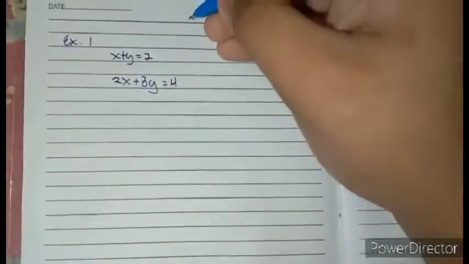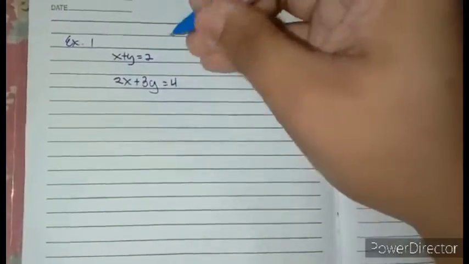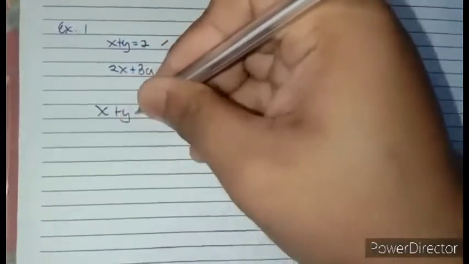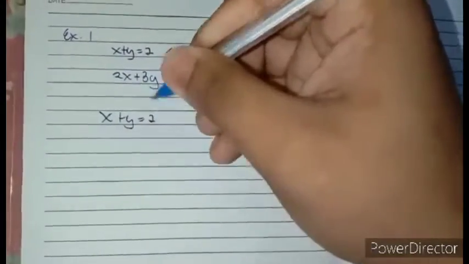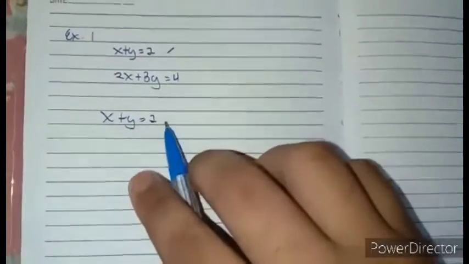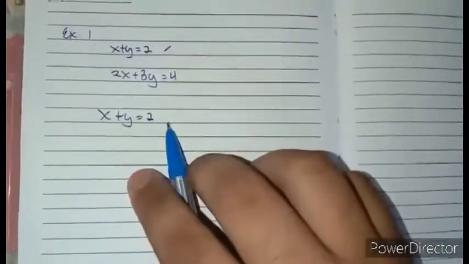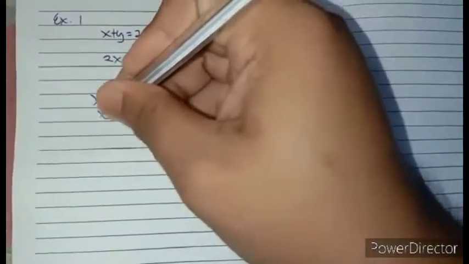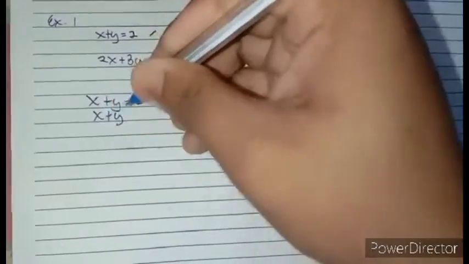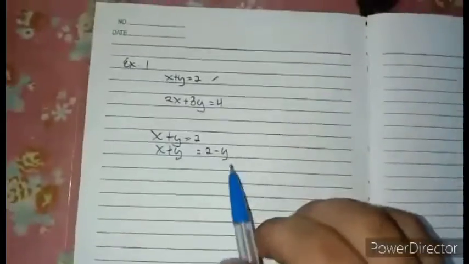First, to get the x value, we need to use the first equation, this one. x plus y equals 2. To move the y to the other side of the equal sign, it will become negative. So it's like this: x plus y equals 2 minus y.